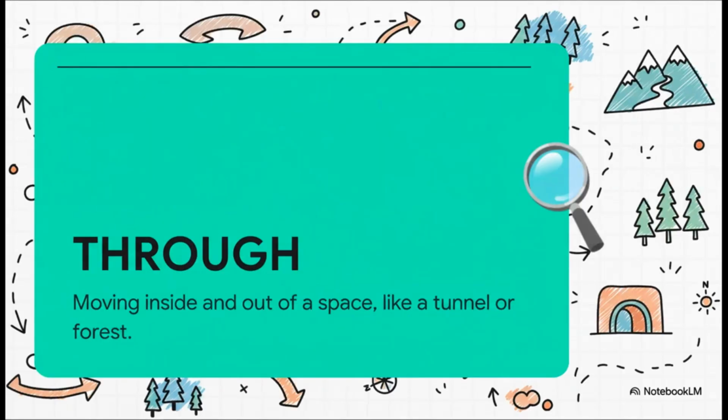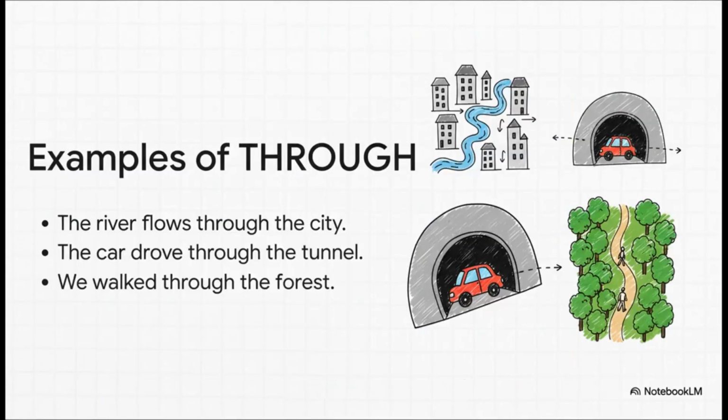Now, through is totally different. This is for moving within a three-dimensional space, an area that's all around you. You are literally inside it while you're moving. So think about walking through a forest with trees on all sides, or driving through a tunnel. See the pattern?